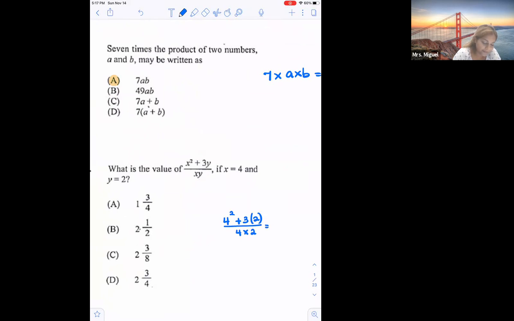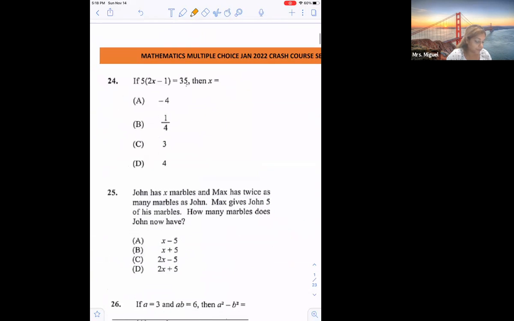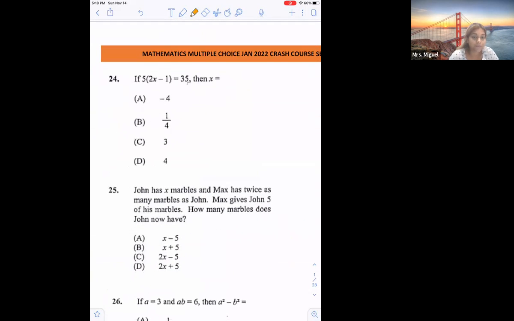So 4 squared is 16, 3 multiplied by 2 is 6, over 8, 22 over 8, 11 over 4, which is 2 3/4. And as I said before, this one comes regular. Let's go. Number 24.